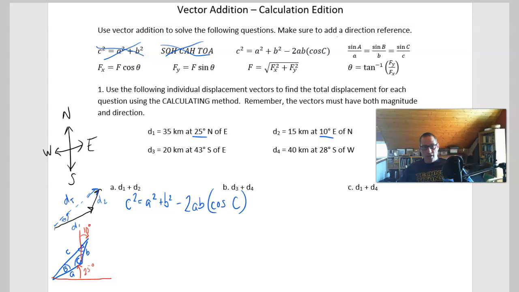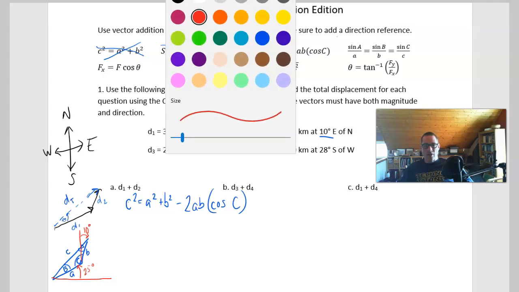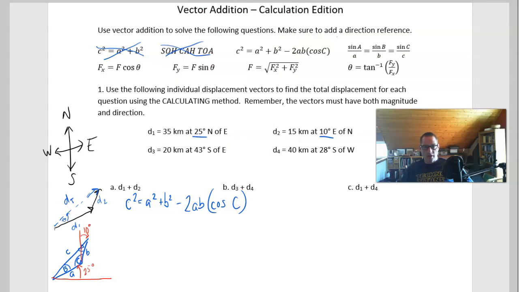Now if we extend this, let me grab another color. I appreciate this is really small, and I'm thinking that it's going to be maybe too small to be useful for you guys, because you might not be able to see this. Okay, so it's going to be hard to show you with this, but hopefully you can figure it out.